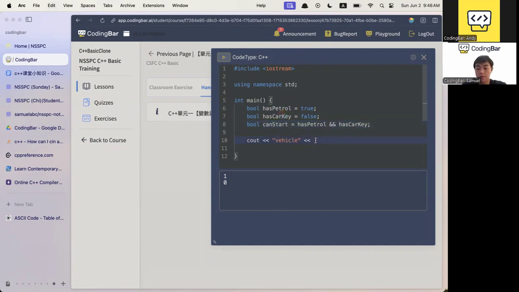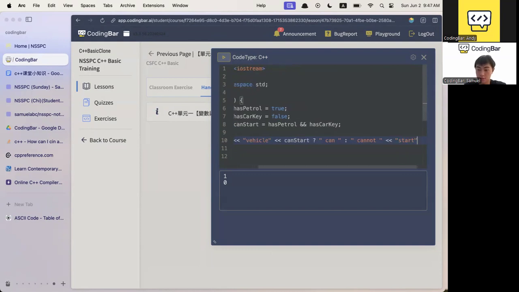If can start, we print out can. Otherwise, we print out cannot. And then we print out starts, end of line.